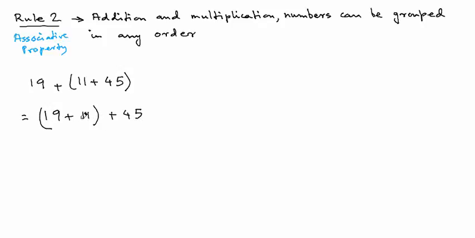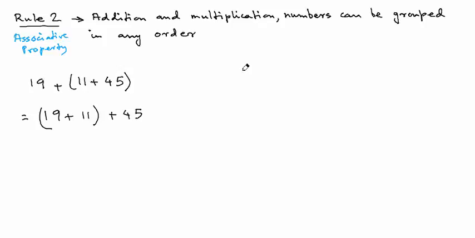So that the calculation becomes easier for you. 19 plus 11, this 9 and this 1, they add up to 10, and you want to take advantage of that to do this problem mentally. Note that the overall ordering of the numbers is still the same. 19, then 11, then 45. That's what the associative property is about. If you wanted to change the order of the numbers, then that would call for applying the commutative property.